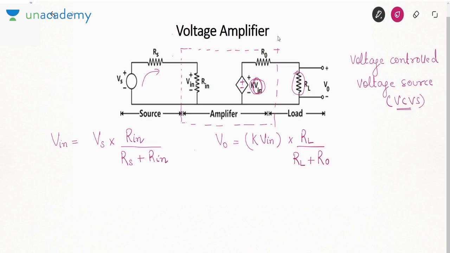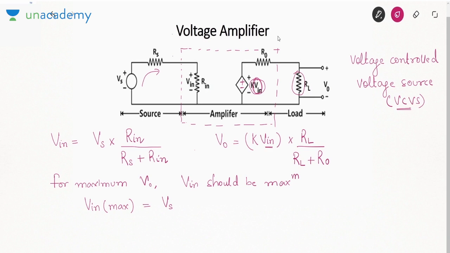Now if you want to have maximum V0, V0 depends on Vin. I will say Vin should be maximum. How can you ensure that Vin is maximum? Now Vin is obtained by voltage division. So what can be the maximum value of Vin? The maximum value of Vin can be Vs.